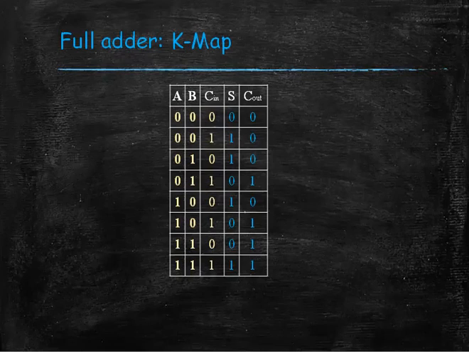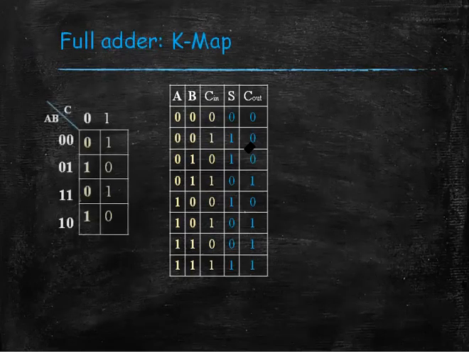When we construct a Karnaugh map from this truth table for the sum, we can construct it this way. Here I write only C, but it represents C in.